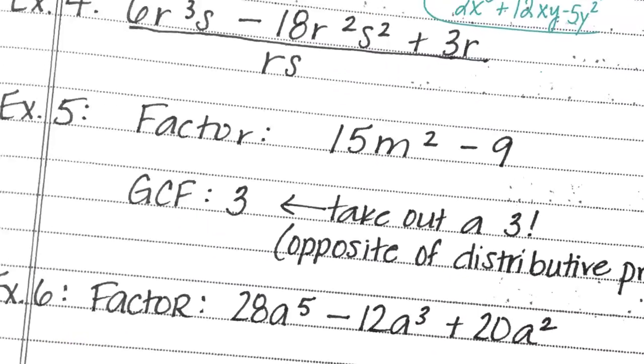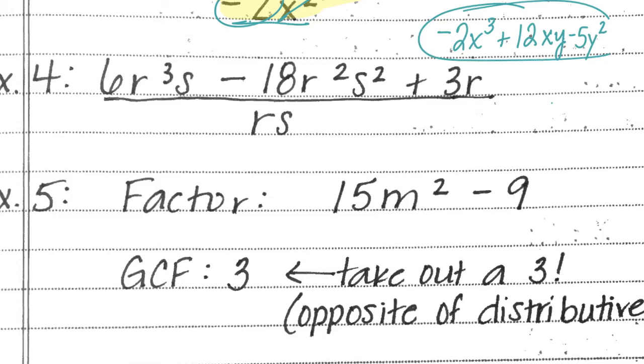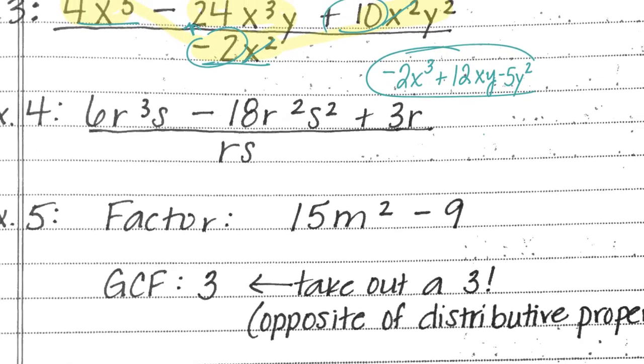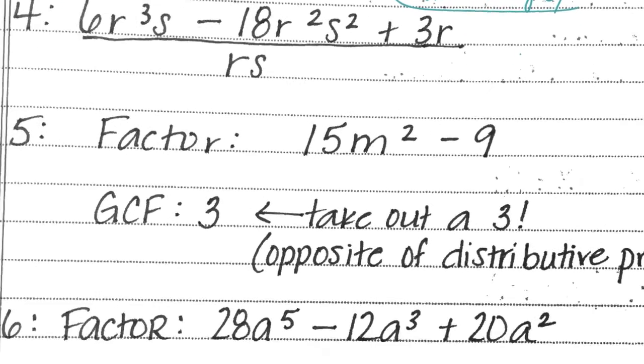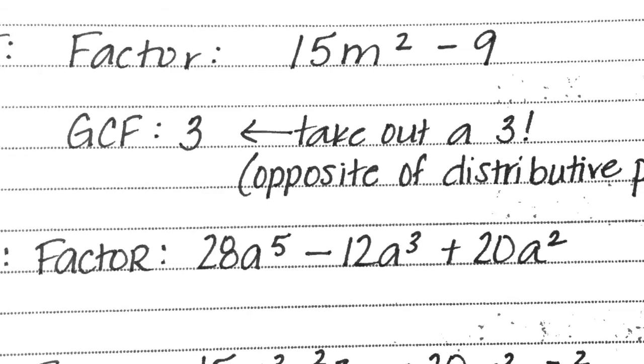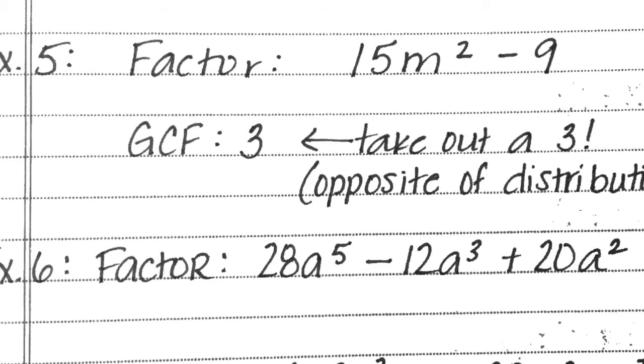The second half is finding the GCF, and this is called factoring using the GCF. Now, this is the opposite of the distributive property. We have done this already. We are factoring 15m squared minus 9. Well, what is the GCF between 15 and 9? Good, 3.